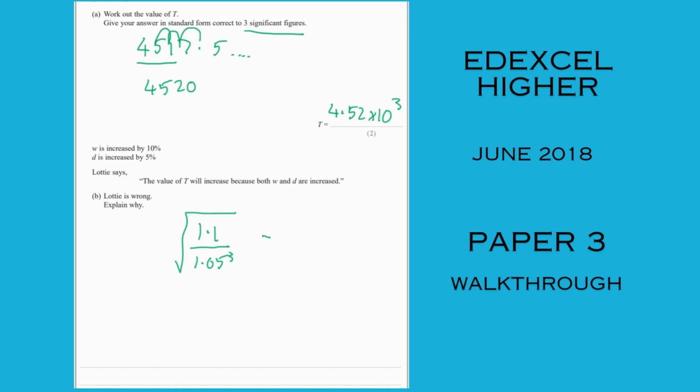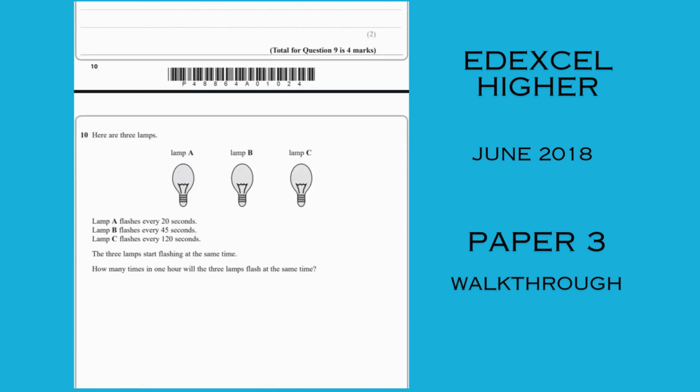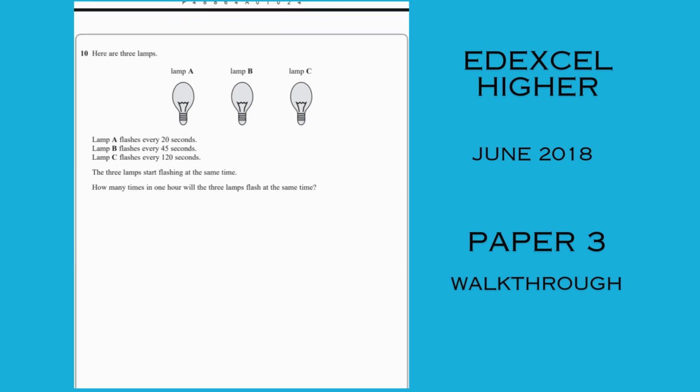And here's why she's wrong. Because ultimately, by multiplying by 1.1 and dividing by 1.05 cubed, you would get the multiplier of this 0.97. And what would you put in your words down the bottom? You'd say that this is less than 1. You're multiplying by a number less than 1, so the answer is actually going to decrease, not increase. All words to that effect.